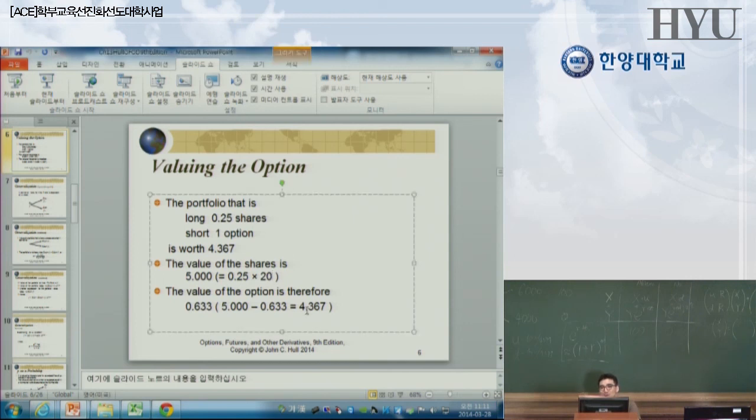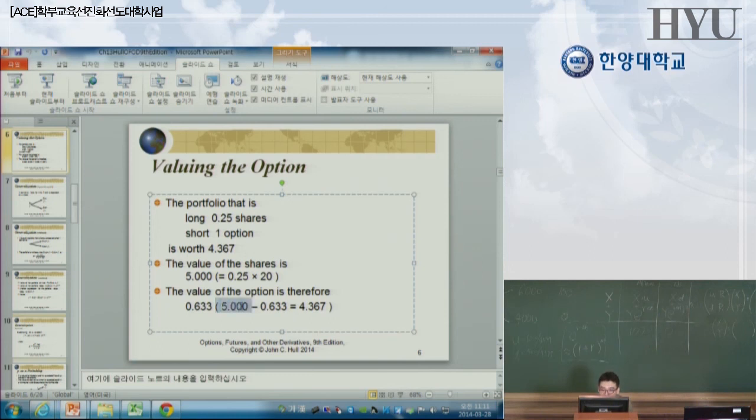So the option position plus $5 is 4.367, right? Therefore the option position should be 0.633. That's why I have to add this one and this one to get this number, right?